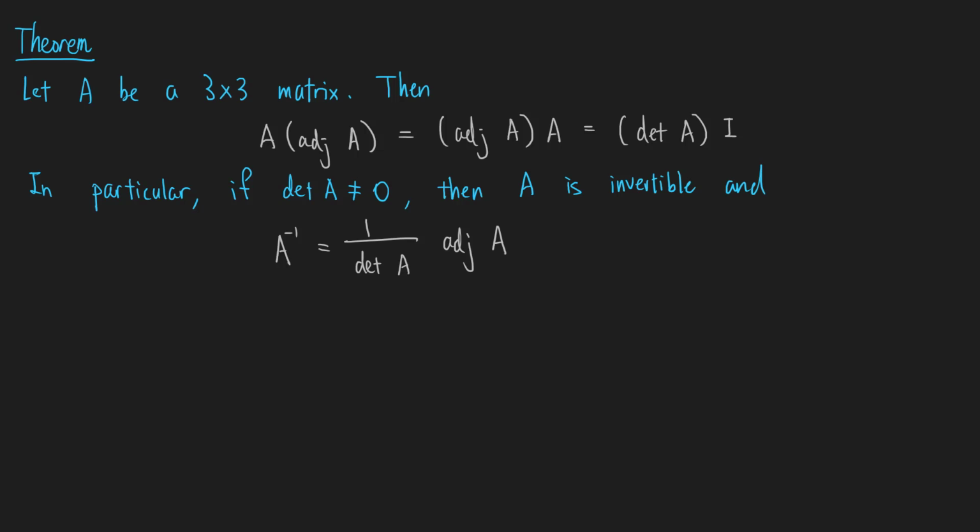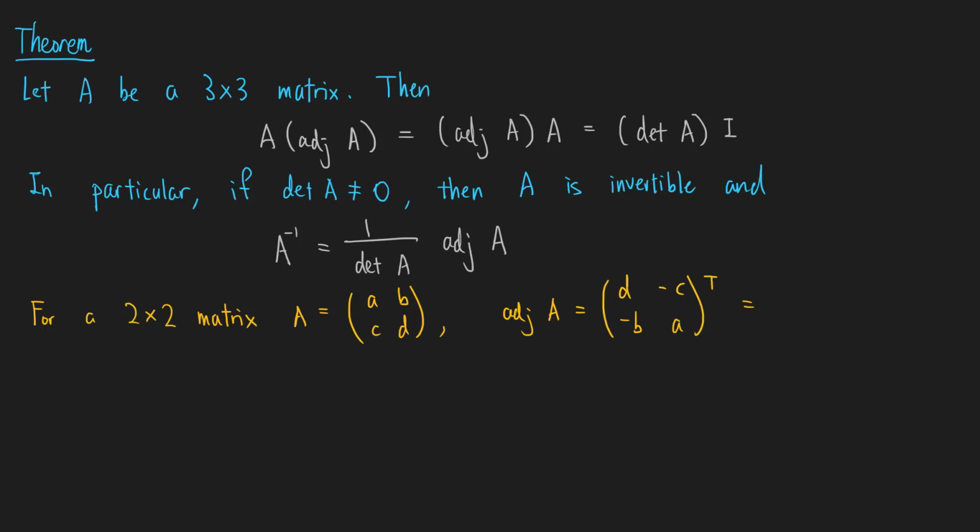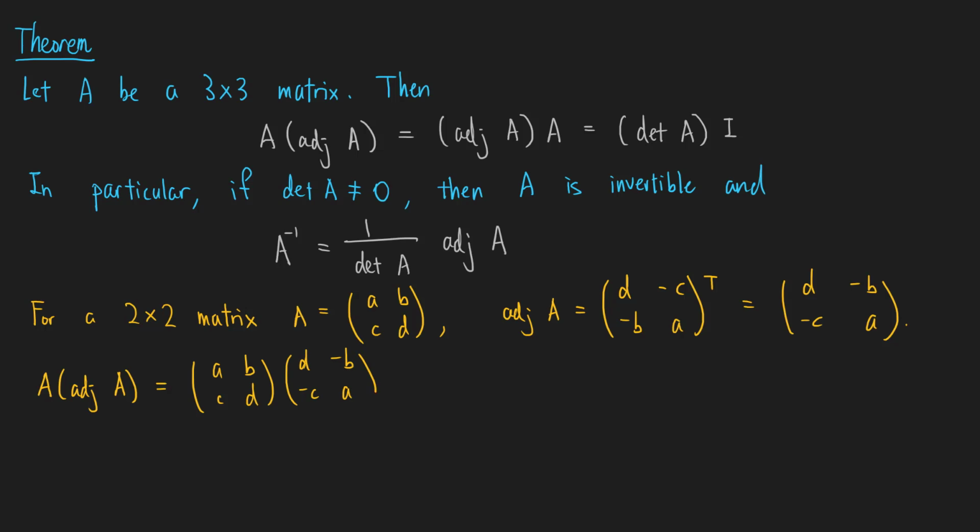Before proving this theorem, let's first consider the 2 by 2 case. Consider the 2 by 2 matrix A with entries a, b, c, d. The adjugate of A is the transpose of d, -c, -b, a, which equals the matrix d, -b, -c, a. So A times the adjugate of A equals the matrix a, b, c, d times the matrix d, -b, -c, a, which equals the matrix ad - bc, 0, 0, ad - bc, which equals the determinant of A times the identity matrix.